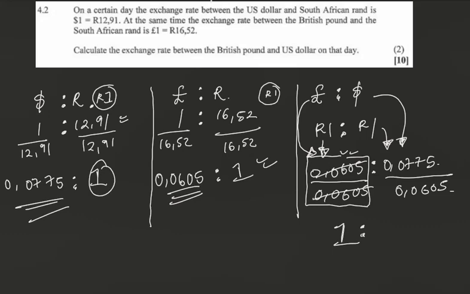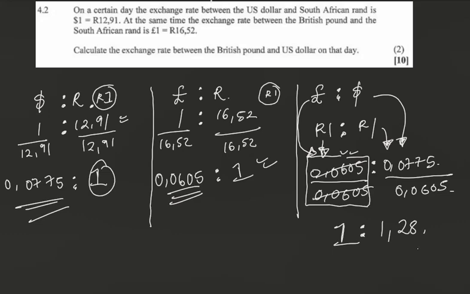And then here, remember ratios should end up as whole numbers. Let me do it on my side, 0.0775 divided by 0.0605. How much do I get? I get 1.28. That's how the ratio goes.